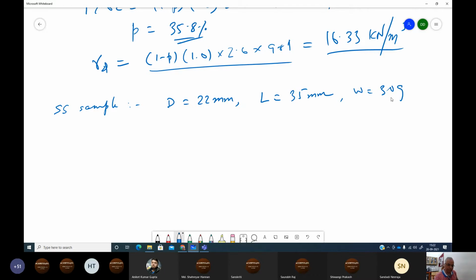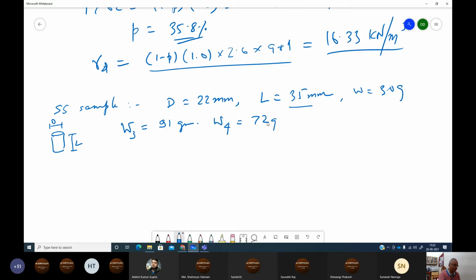So far clear? So we have taken a small cylindrical sample, whose length is 35, diameter is 22, and its weight is 30 gram. So this is length and this is D. The sample is cast completely. And what we find is W3, if you remember that pycnometer, W3 we find 91 gram and W4 is 72 gram.